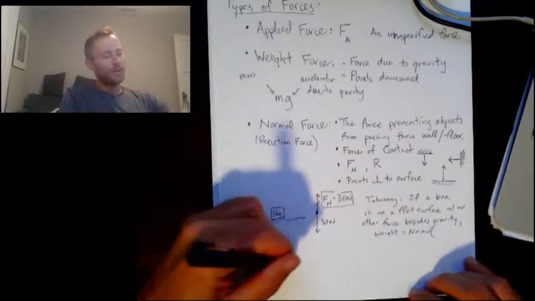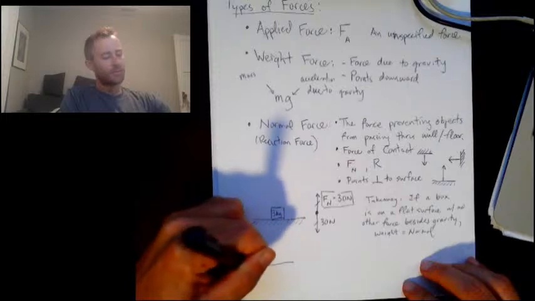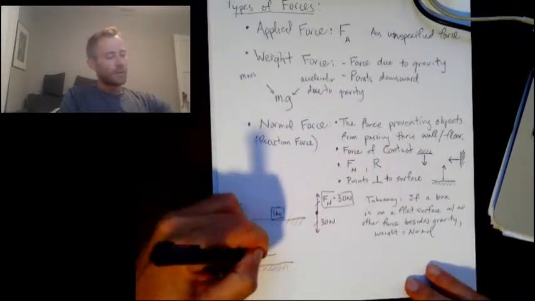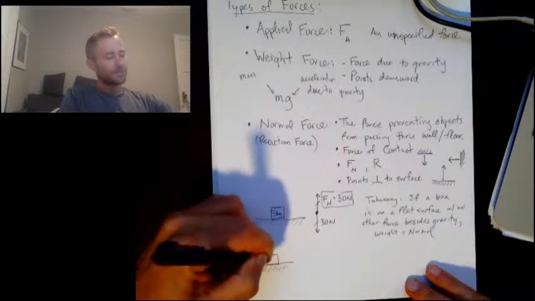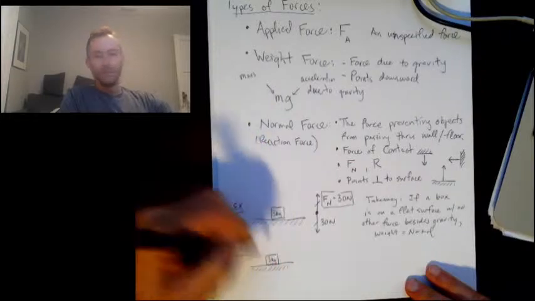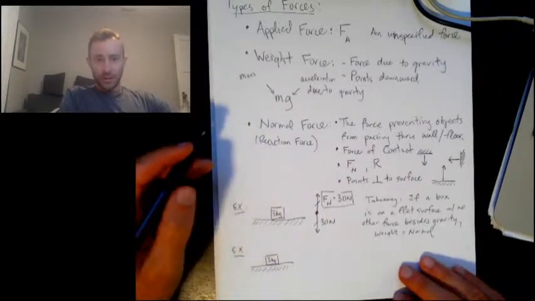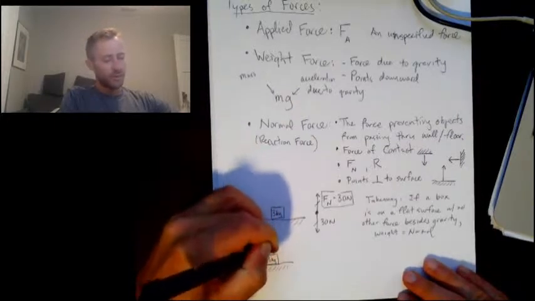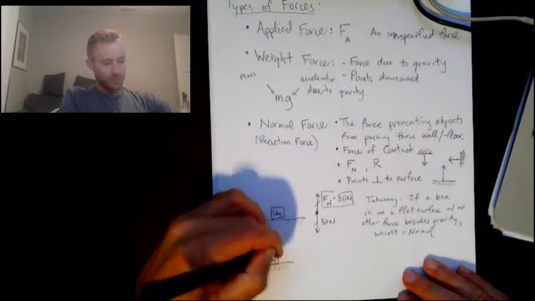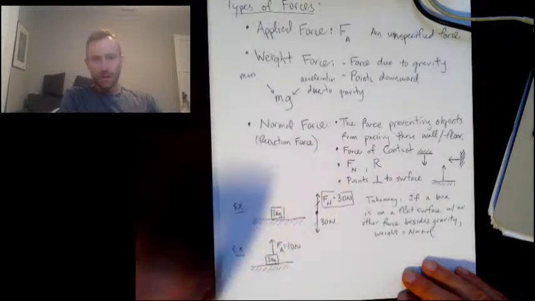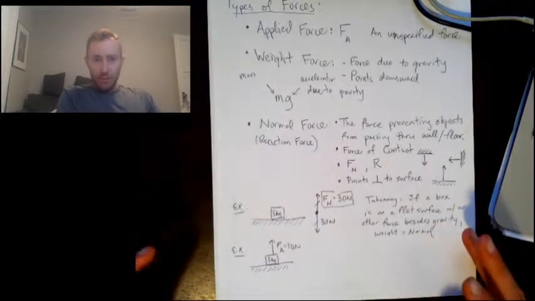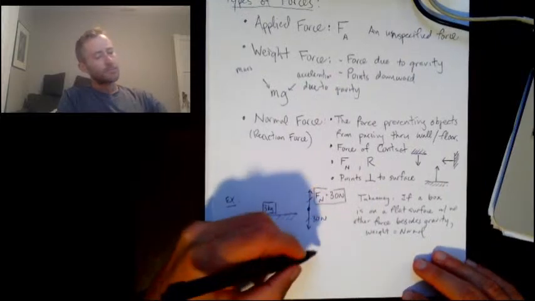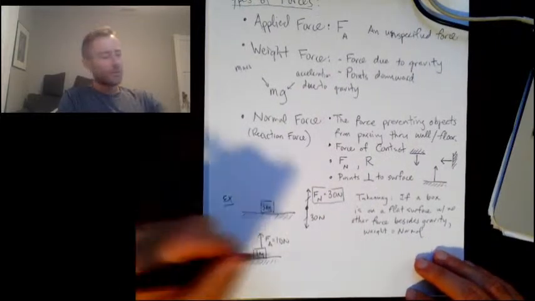So what if we had this same box, but in addition to gravity, I was applying an upward force of 10 newtons? In that case, what is the normal force going to be?